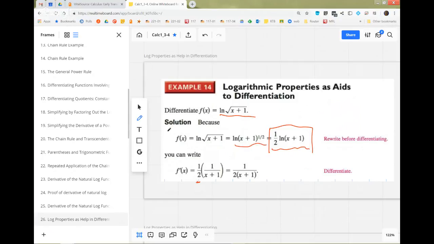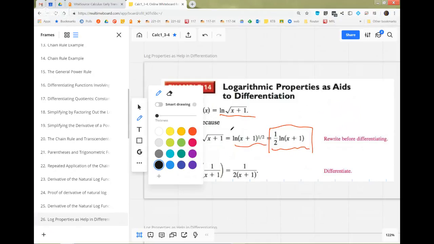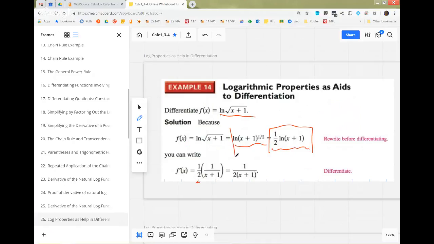So if this is our thing to differentiate now, what do we do? Well, okay, let's see. One of the log laws is what happens when you take the logarithm of something to a power.